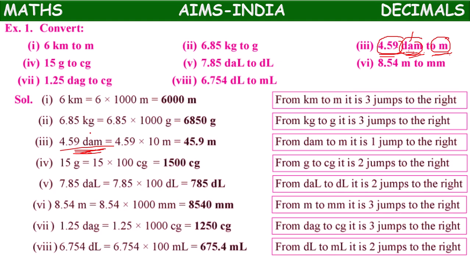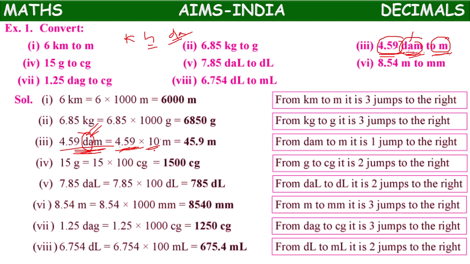In this, we have to replace the deca with its value. Deca means how much? Kilo stands for 1000, hectare stands for 100, deca stands for 10. So instead of deca, we are keeping 10 here.